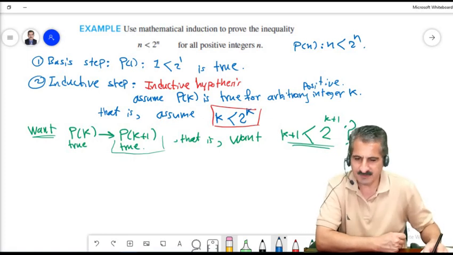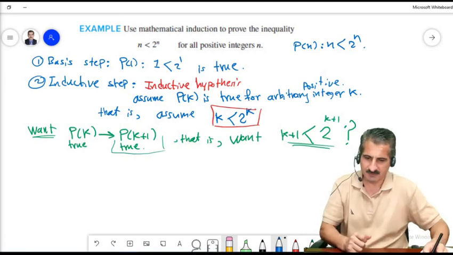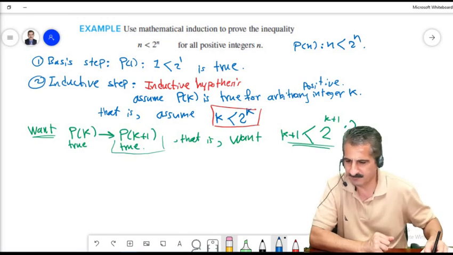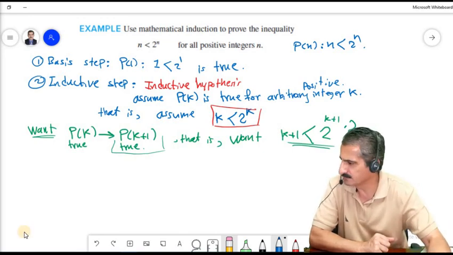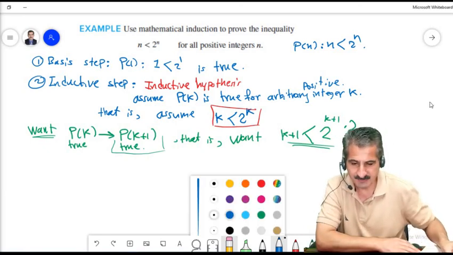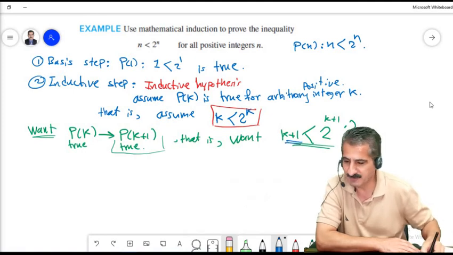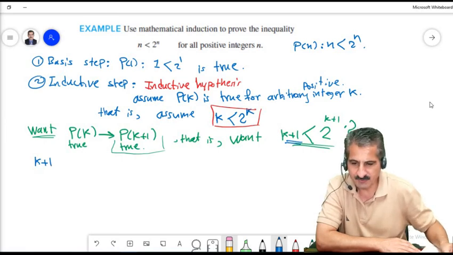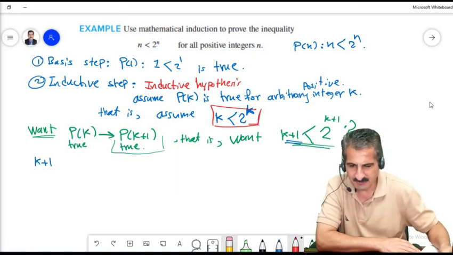So we start with k plus 1, and we want to show it is less than 2 to the power k plus 1. Okay, so some tricks are needed here. We want to start with k plus 1, but I want to use this. So how may I rewrite things so that k is obtained in here?